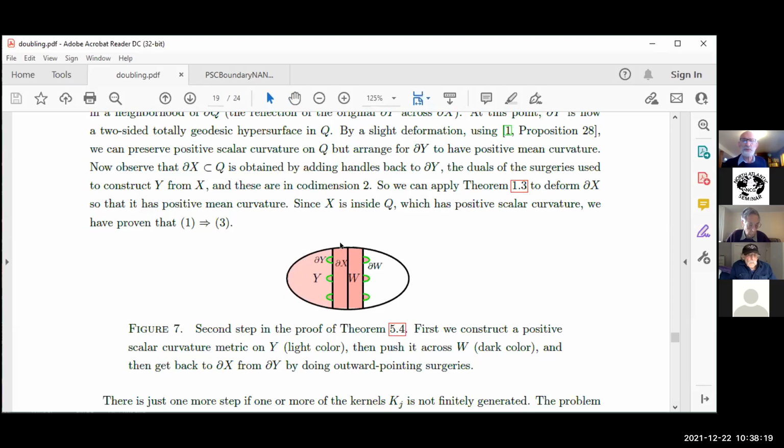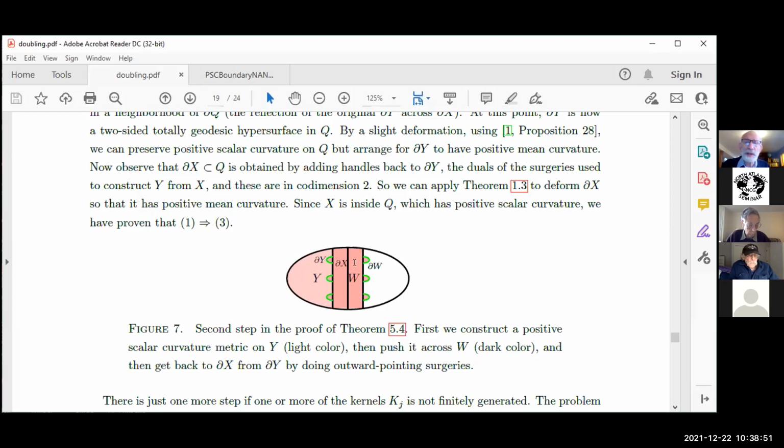That's not so important because what we're really interested in is the original manifold. So remember, we're trying to prove the doubling conjecture. So we're assuming that we had a metric of positive scalar curvature on the double, and now we want a metric of positive scalar curvature on X, which has positive mean curvature on boundary X. So far, there's no indication of how you do that.